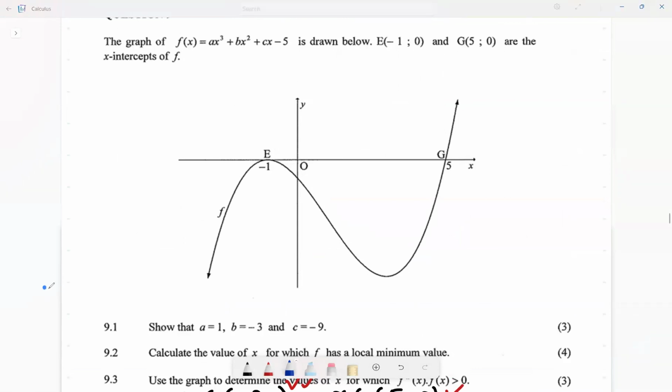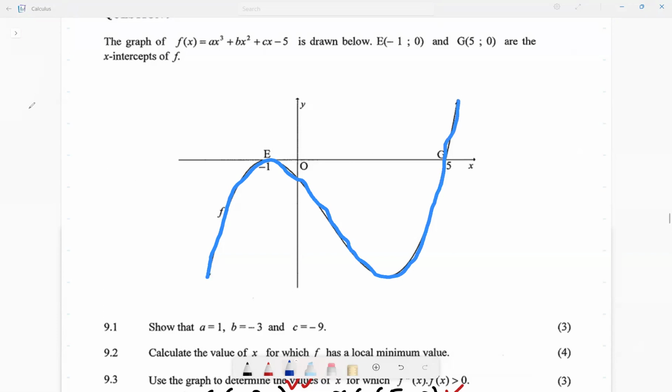Let me try to redraw this graph. It's going to be that graph. Let me repeat that, guys. Sorry for being a mess, guys.